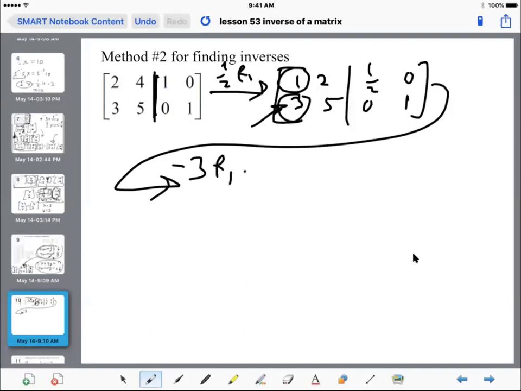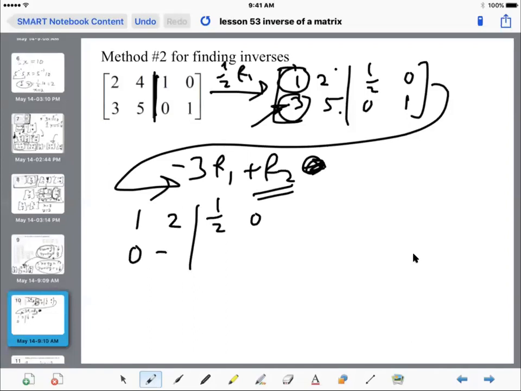Minus 3R1 plus R2. You don't have to say goes into R2 because it always goes into that. So the first row does not change. The second row: minus 3 times 1 plus 3 is 0. Minus 3 times 2 is minus 6, plus 5, sorry, is negative 1. Minus 3 times 1/2 plus 0 is minus 3 halves. And minus 3 times 0 is 0 plus 1 is 1.